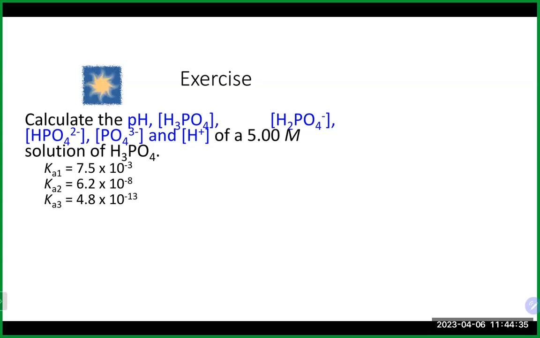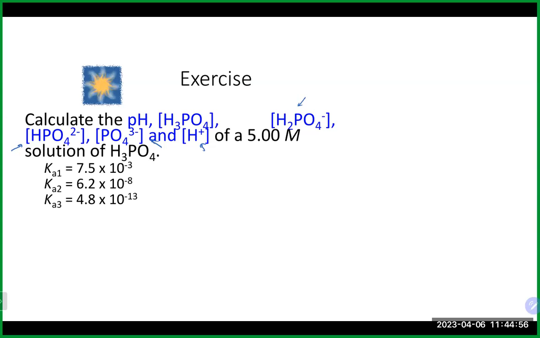We also want the concentration of pretty much everybody else involved there, including the H plus. We have our 3 Ka values, and they obviously go with the 3 reactions that we just wrote on the previous page. So let's take a look at how we would approach this.